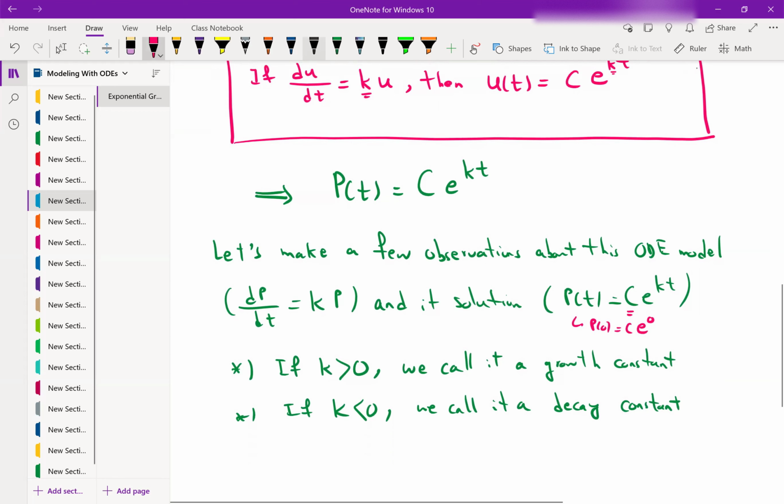Now, let's focus on the case that we have population growth, the case where k is greater than zero.